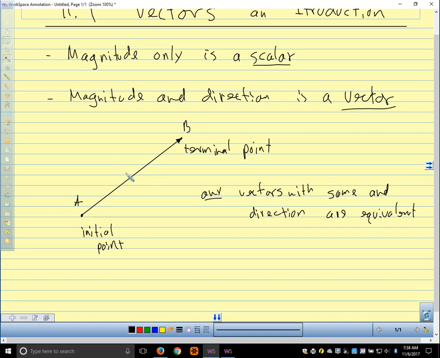And we would call this vector either vector v with a little arrow over the top, or we could use the points, or vector AB with the arrow over the top. In print, vectors are shown in bold.